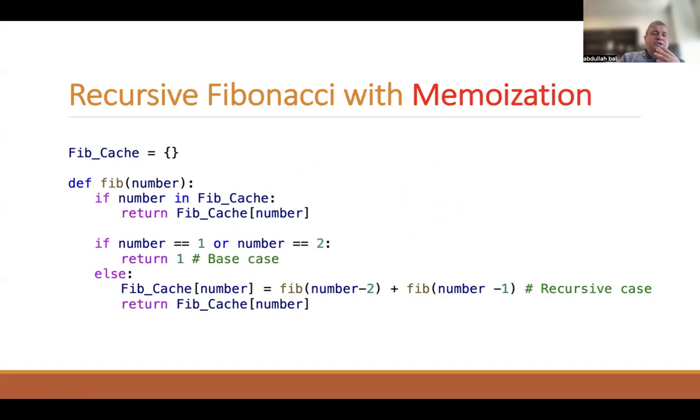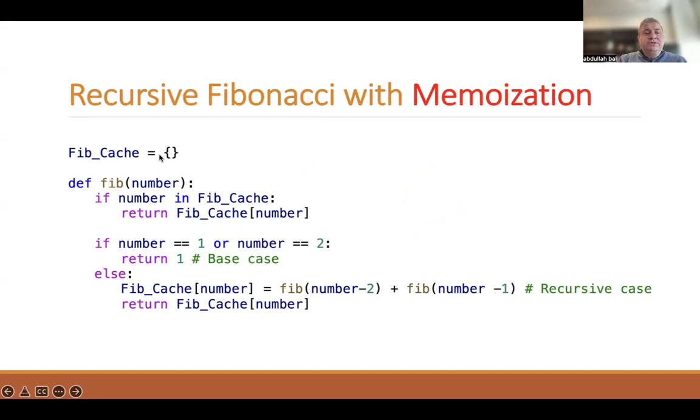How can we avoid this problem? Using the memoization technique. In the memoization technique, we use a cache list, and we store each Fibonacci number after its computation in this list. And whenever we need to compute a new Fibonacci number, we check this cache list.